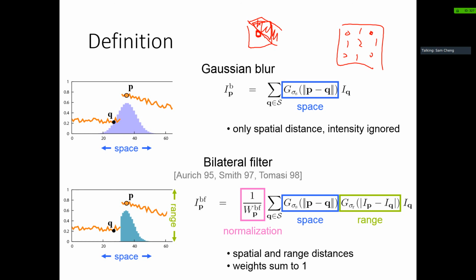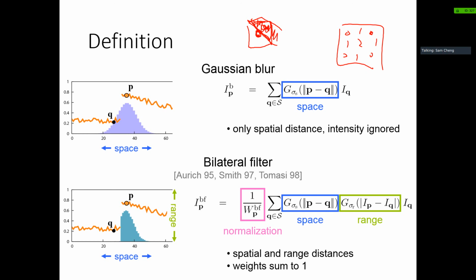This pixel will fall more into this side. If I use the information here, I'm going to get some undesirable blurring.